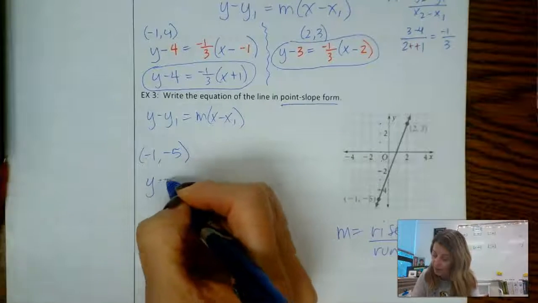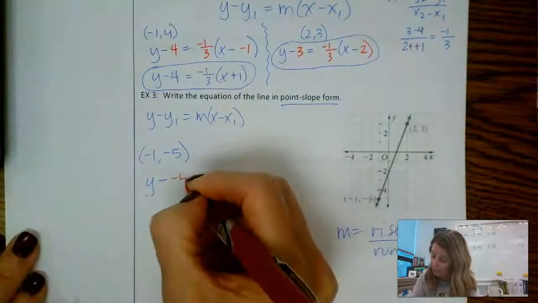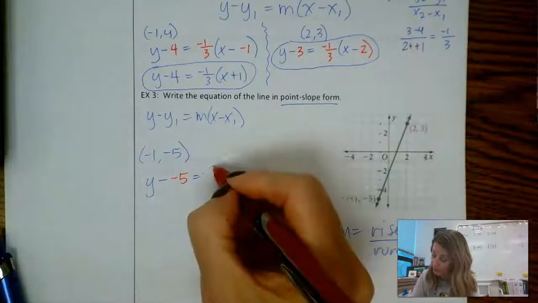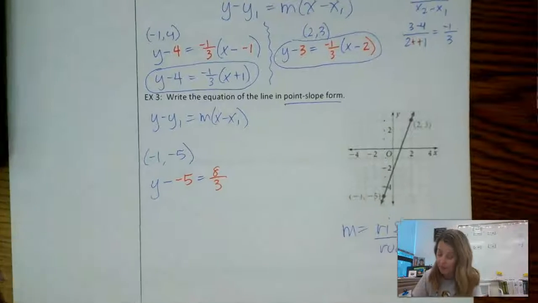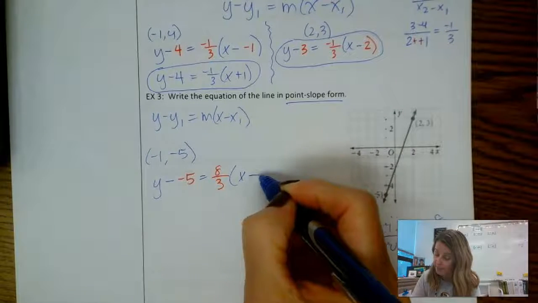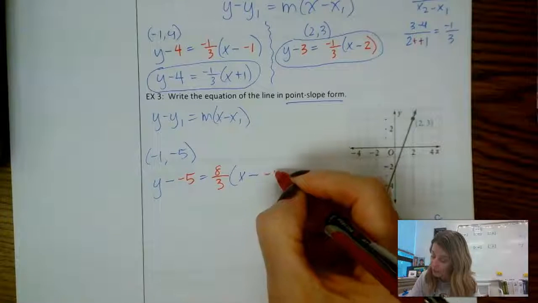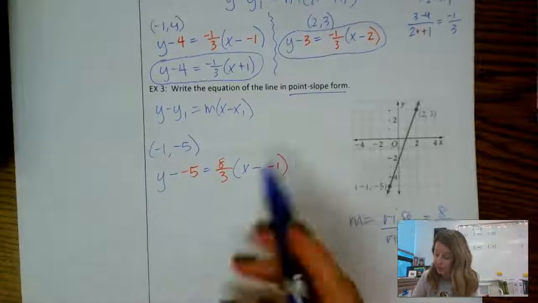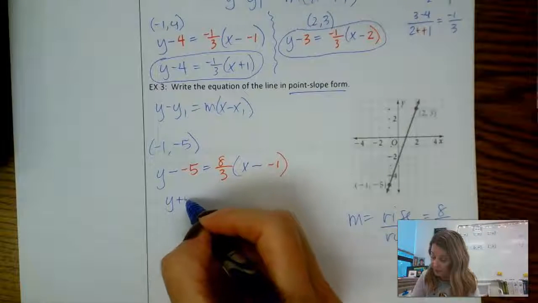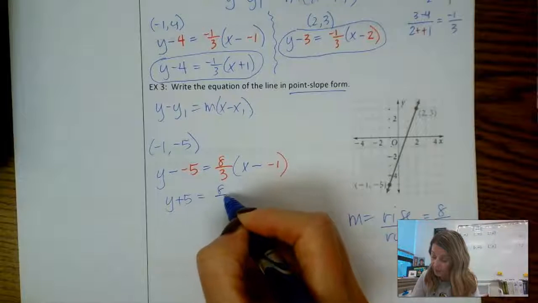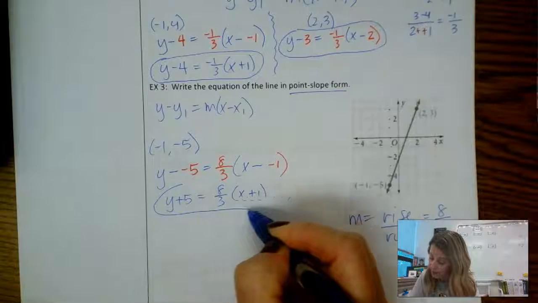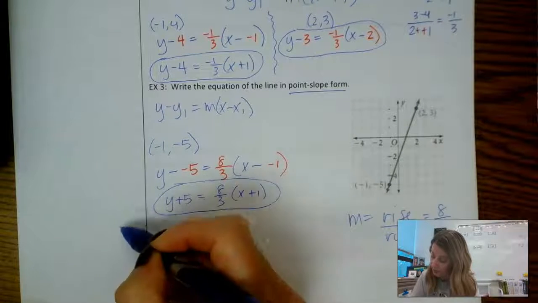I would have y minus the y1, which is -5, equals your slope, 8/3, times x minus, and your x1 is -1. Several double negatives, so that simplifies to y plus 5 equals 8/3 times x plus 1. This is the first answer that will work.